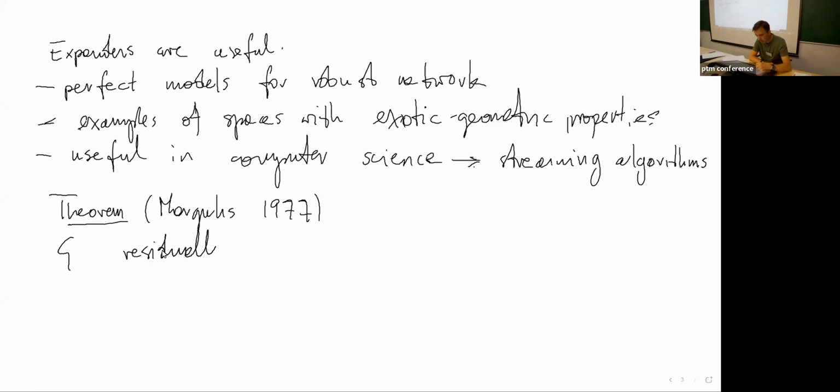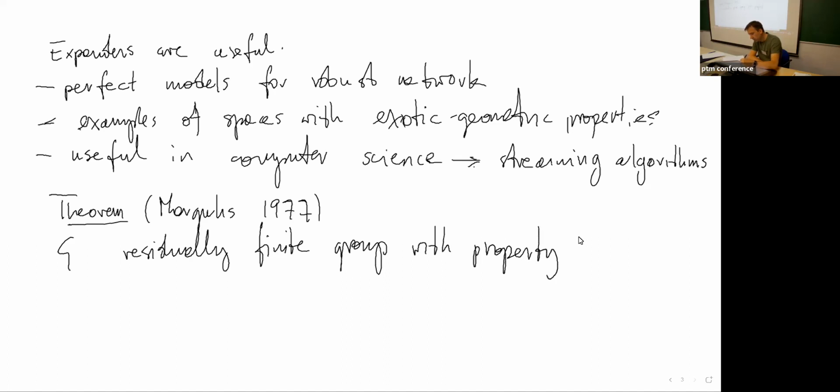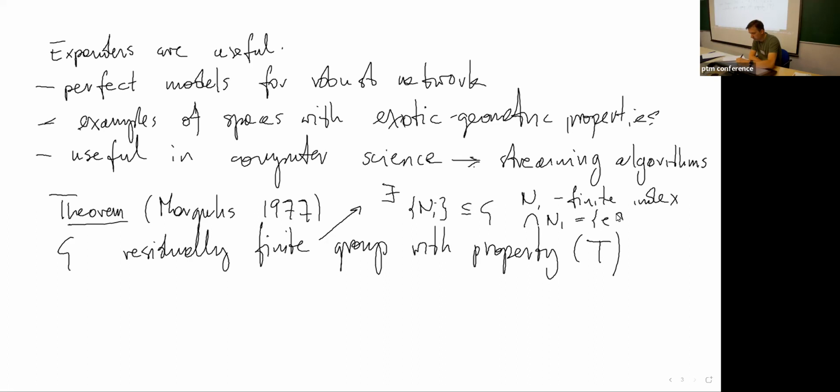If G is a residually finite group with property T. Residually finite means there exists a sequence of finite index normal subgroups, and their intersection is trivial. So you have this family of less and less dense finite index subgroups in your group.